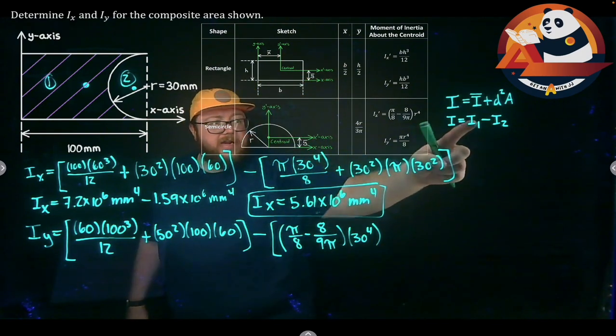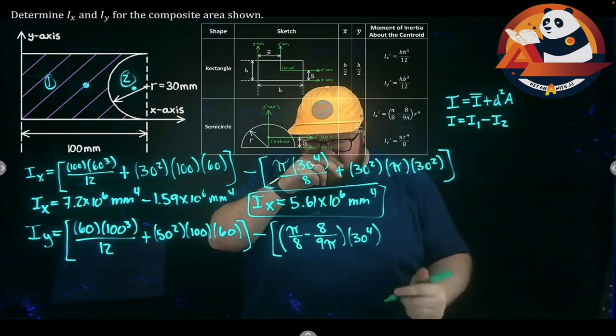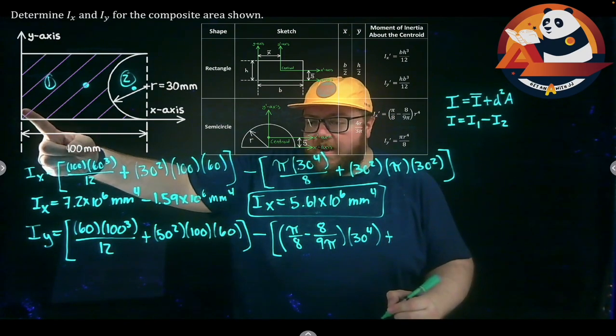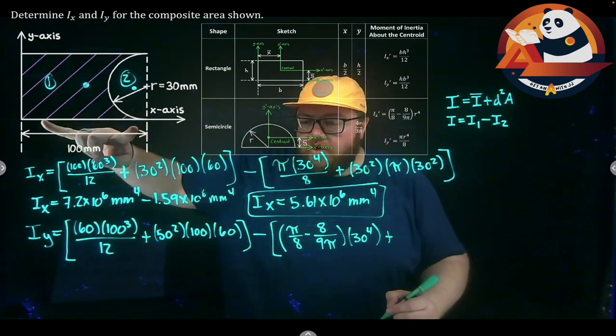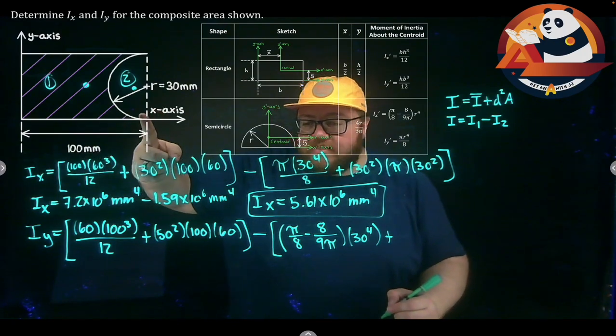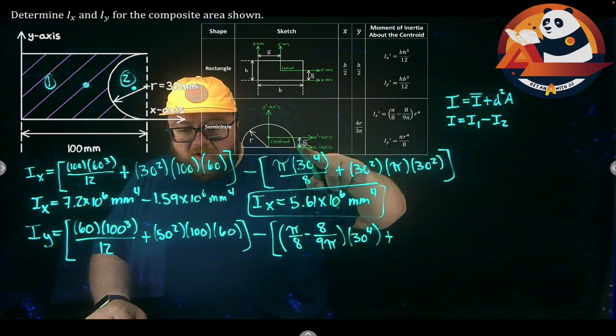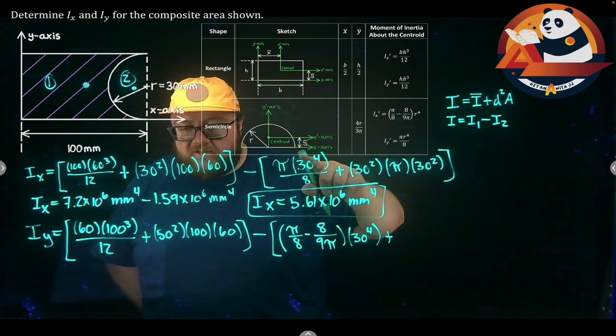plus d squared A. So we just wrote down that I bar term in here. Plus, what's my distance from the y-axis to the centroid? Well, I can say from the y-axis to the flat side of the semicircle is 100, and the flat side of that semicircle is where my y-bar equation measures from.